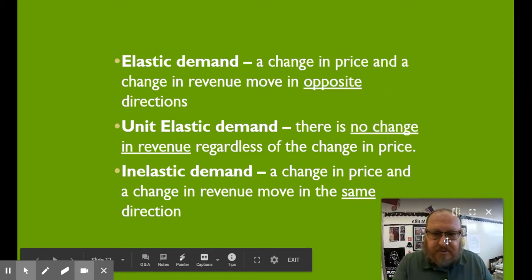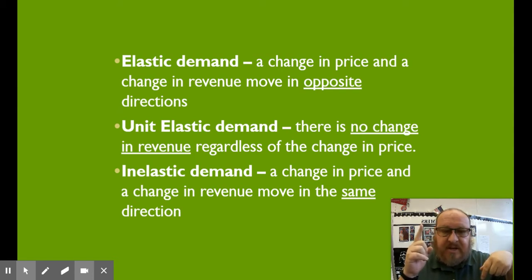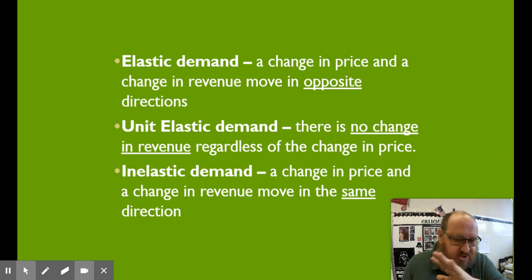When you have elastic demand, the change in price and the change in revenue move in opposite directions. If the price goes up, the total revenue goes down. If the price goes down, the total revenue goes up. In unit elastic demand, no change. But in inelastic demand, a change in price and a change in revenue move in the same direction.